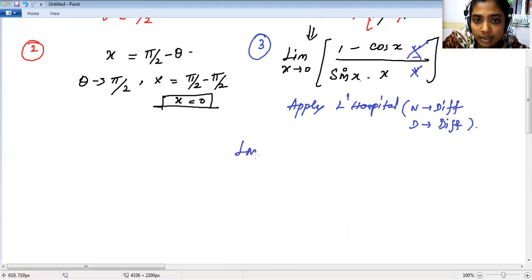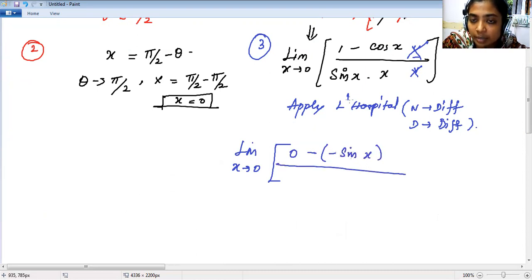Now limit x tends to 0, 1 minus cos x is here. When you differentiate 1, you get 0, minus cos x, which on differentiating gives sin x. Divided by, this is fully my denominator, so I can take this as u and this as v. The format is u v dash plus v u dash.